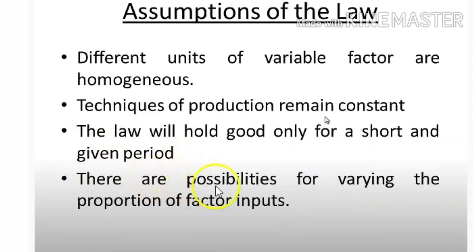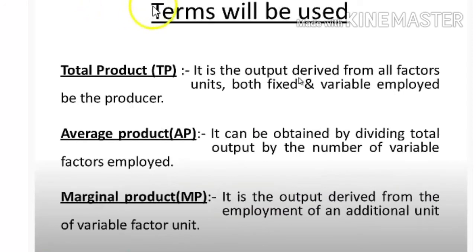There are possibilities for varying the proportion of factor input; here the variable factor alone changes, which may be labor. Certain terms are to be noted, which will be used in this law.